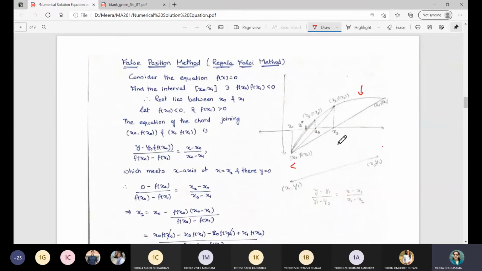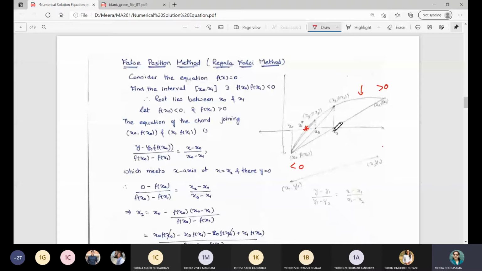By the intermediate value theorem, there must be a root in this interval, which we denote with x star, as you see in the figure. How do we get an approximation of the root from this method? It tells you to join the points (x0, f of x0) and (x1, f of x1), so that you get a line which touches the x-axis at x2.